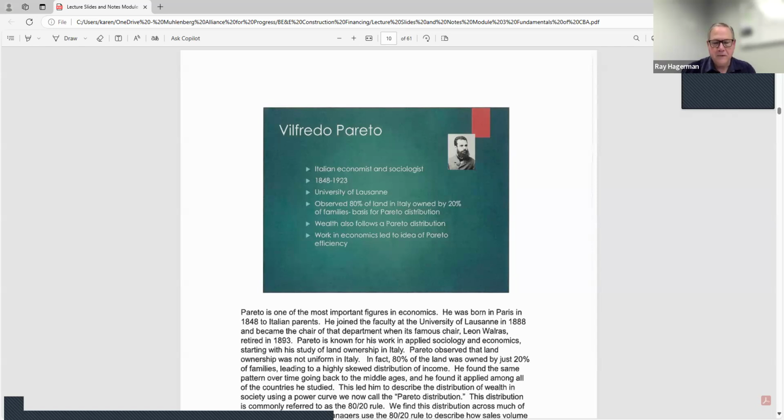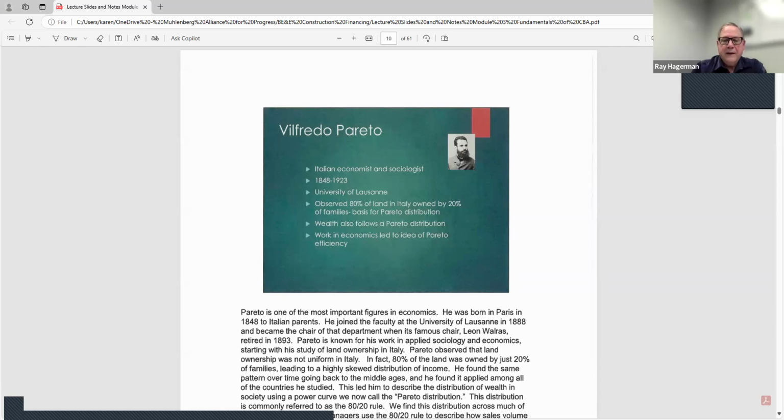Pareto also came up with the sort of 80-20 rule, which I know we've heard in our entire lives: 80% of the people do 20% of the work and 20% of the people do 80% of the work, et cetera. Well, Pareto actually did some studies and found that during the mid to late 1800s, 80% of the land in Italy was owned by 20% of the families.